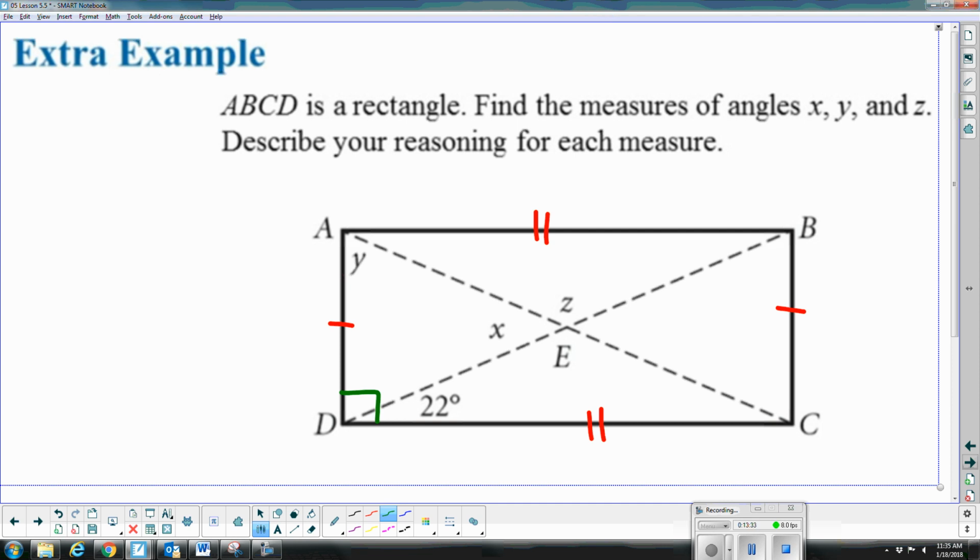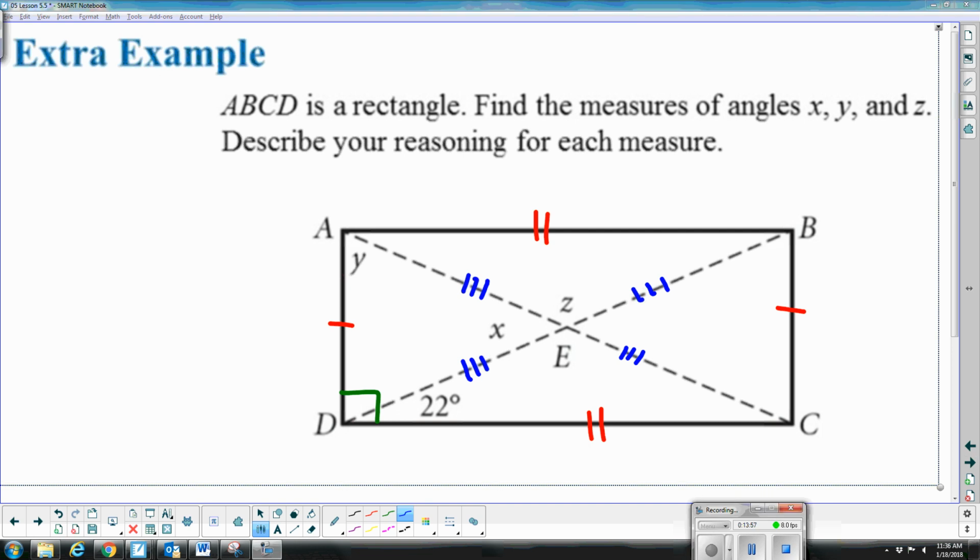All right, now we've got the diagonals of a rectangle. What we know about the diagonals of a rectangle are, first of all, that they bisect each other. And second of all, that the diagonals are congruent. So that means all 4 of those parts of the diagonals are congruent.